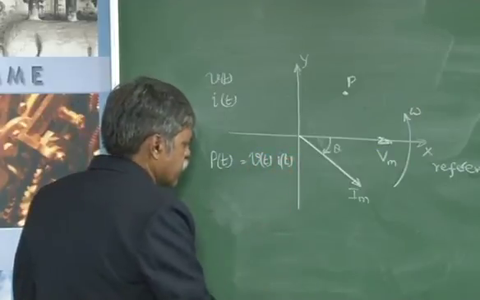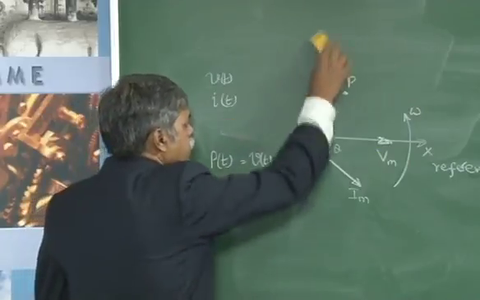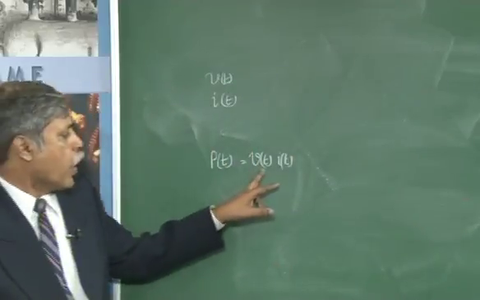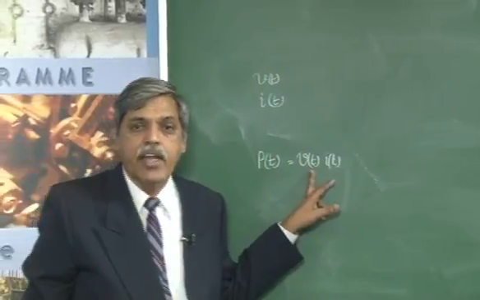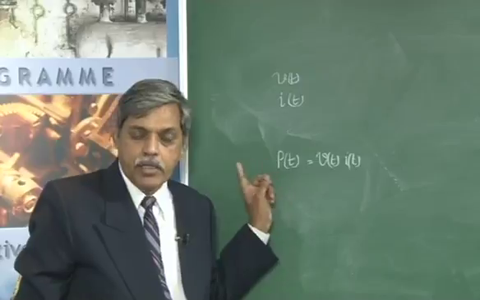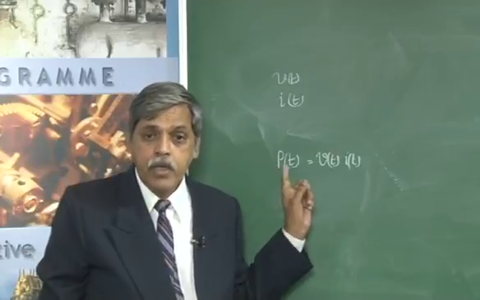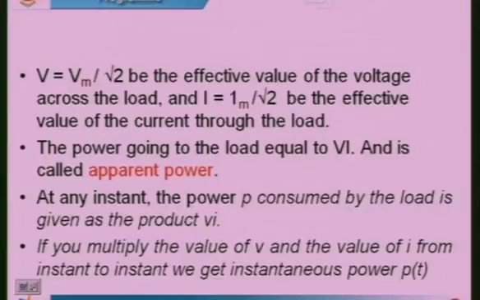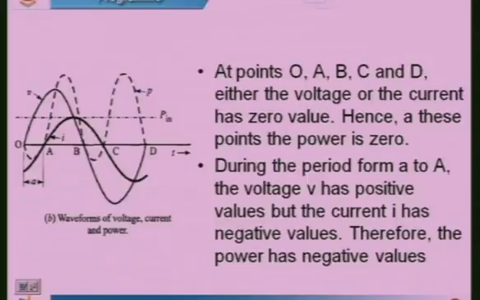You should remember this. Instantaneous power we call this, because the product of voltage at an instant and the current at an instant gives us the instantaneous power. If you multiply the value of v and the value of i from instant to instant, we get the instantaneous power, that is given there.